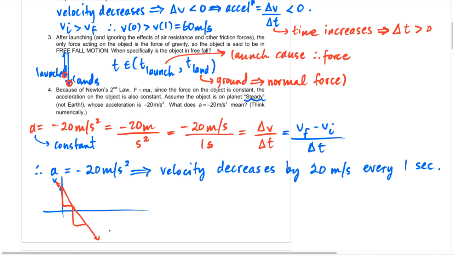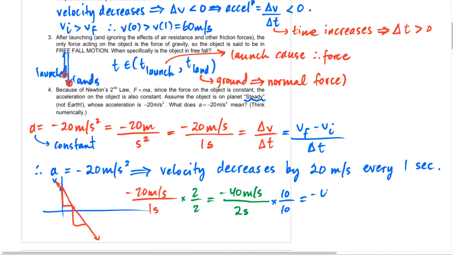In fact, these ideas of similar triangles: negative 20 meters per second per 1 second, we can multiply by 1 in the form of 2 over 2 seconds to get a loss of 40 meters per second in 2 seconds. And then we can multiply that by another constant, say 10 over 10, which is 1. And we can get negative 400 meters per second is lost every 20 seconds.